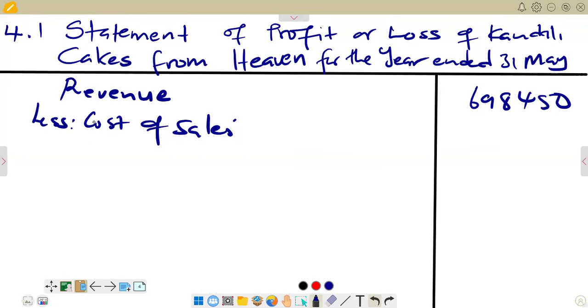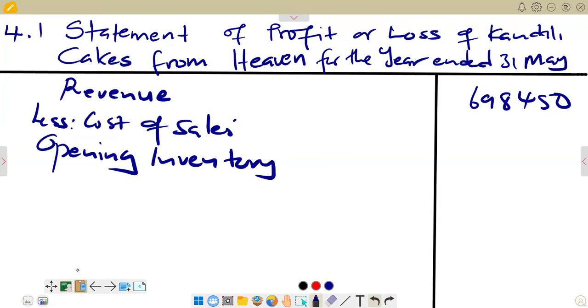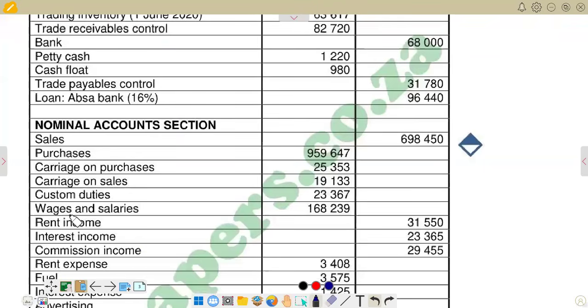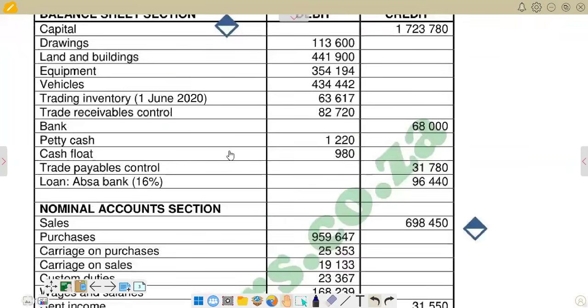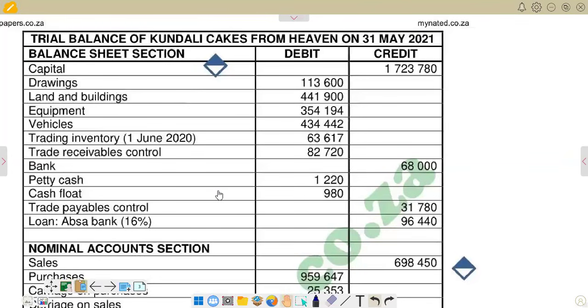So we are going to start with our figure for opening inventory. If you come back here, the figure for opening inventory you find in the list of balances, at the beginning of the question: trading inventory 1 June 2020, 63,670.